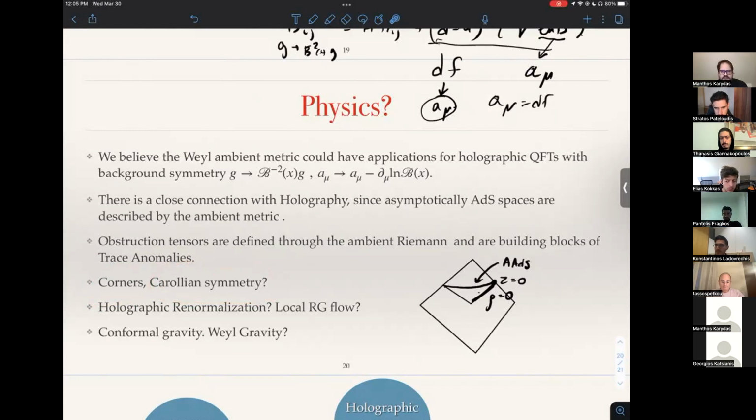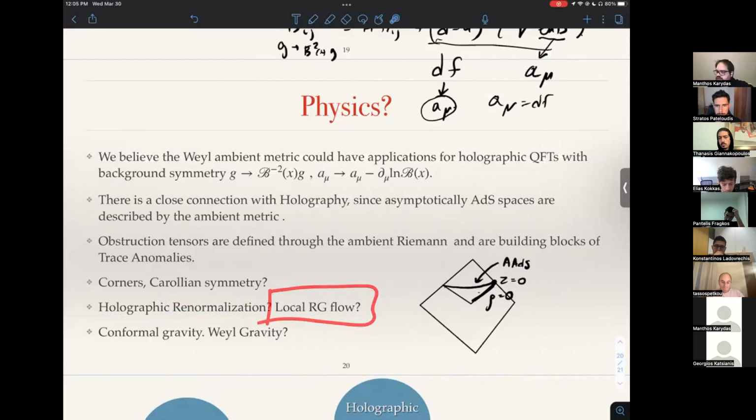I have some ideas about that, but we're still thinking about that. And also, I think there's definitely a connection with holographic renormalization, where instead of introducing counterterms, we introduce topological terms that cancel the divergences.